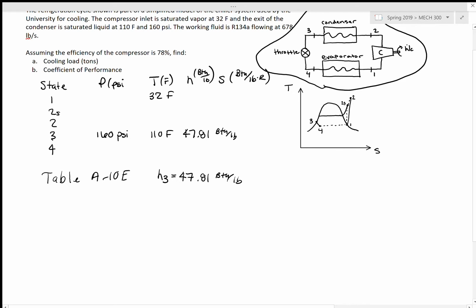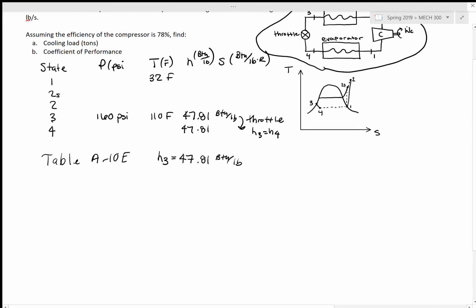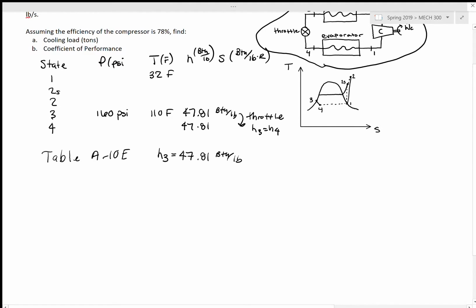And because from states 3 to 4 we have a throttle, our H3 is going to be equal to our H4. So we can just pull that value right down and put it in for H4 as well. Now, in order to find our H1, we will also go to this table A10E, but we will need to interpolate between 40 degrees Fahrenheit and 30 degrees Fahrenheit in order to find our values at this 32 degrees Fahrenheit here.